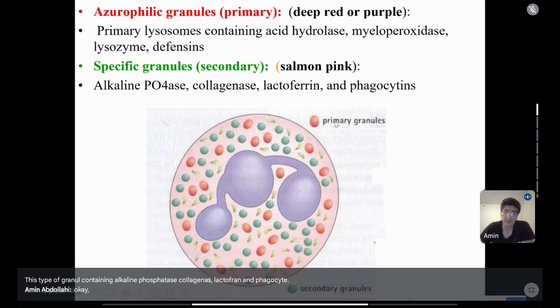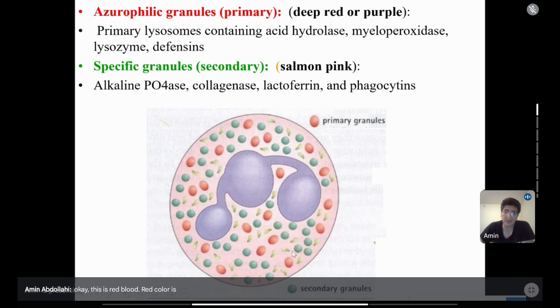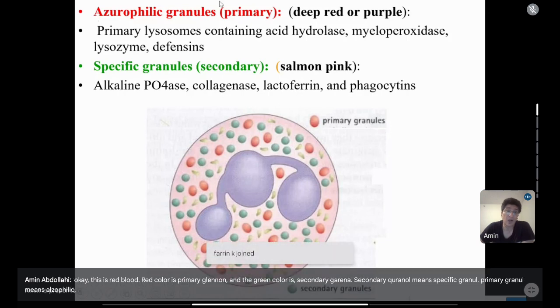Okay, this is red blood. Red color is primary granule and green color is secondary granule. Secondary granule means specific granule. Primary granule means azurophilic granule.